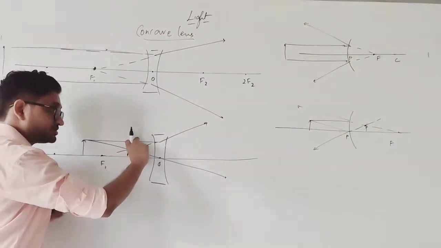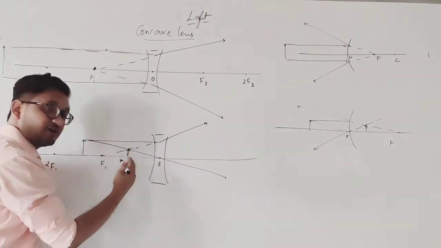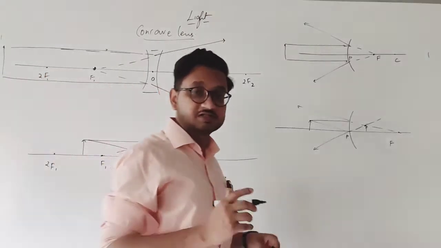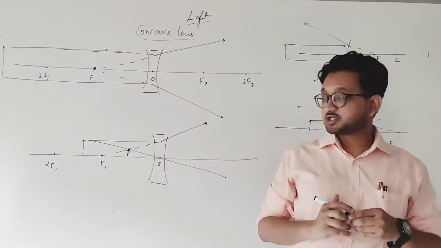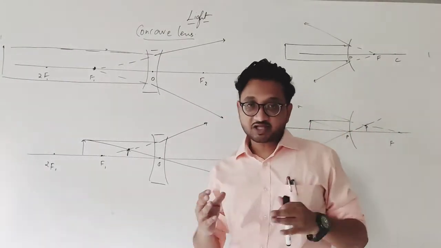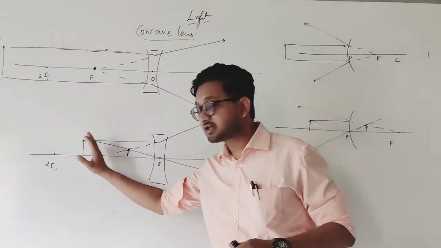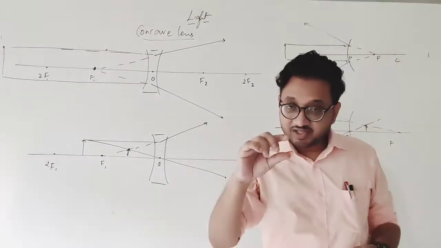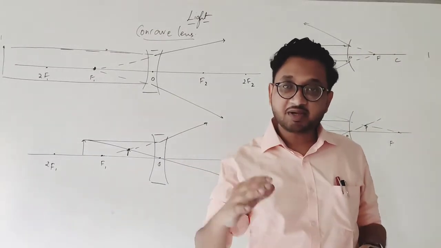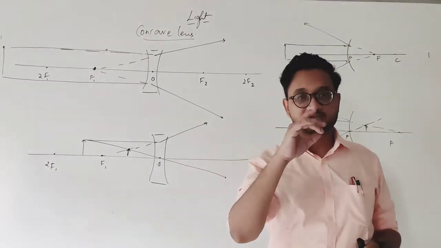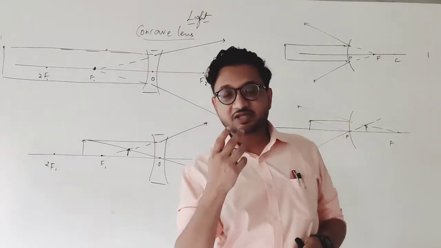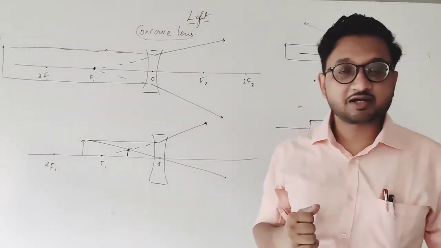Even if you bring the object this close, image will be somewhere over here and it will be diminished, but it will not be larger than the object. Okay, it will be larger than before. So as you bring the object closer to the lens, the image gets larger but still remains diminished than the object. And what happens in the case of concave mirror and convex lens?